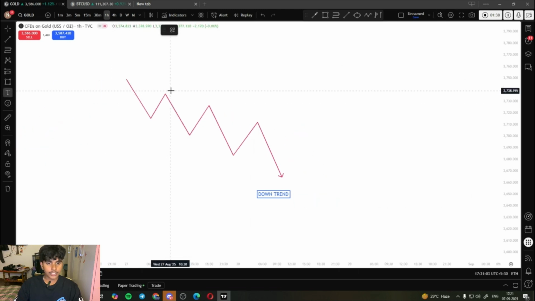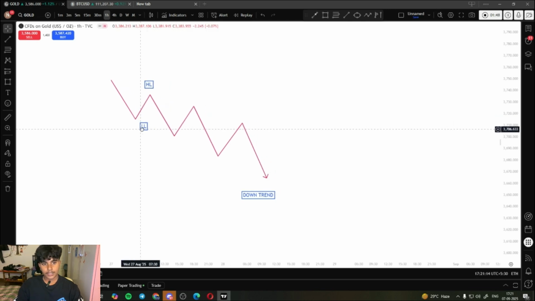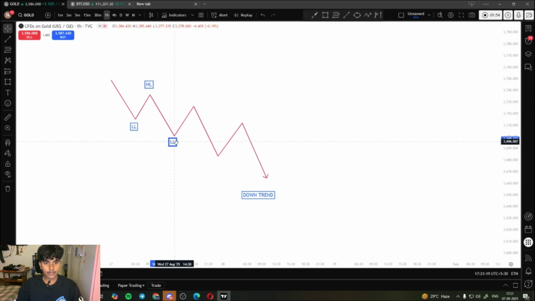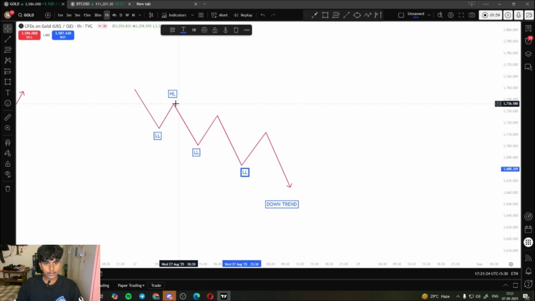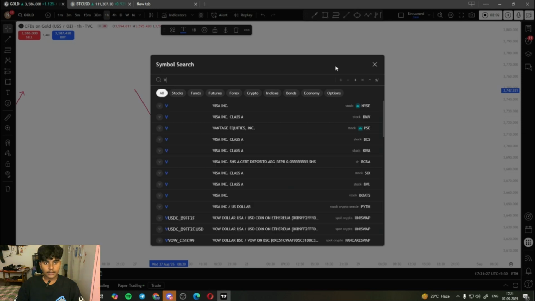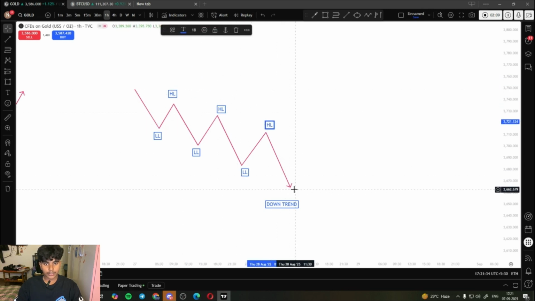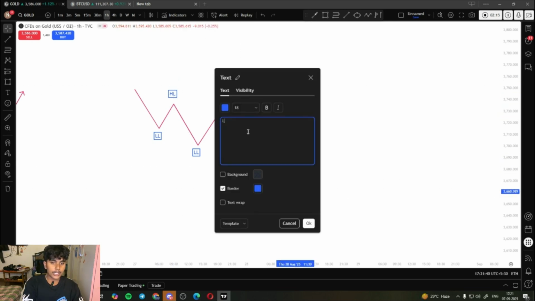And this is a downtrend. A downtrend is simply the market forming lower highs and lower lows. We can repeat this again and again. This is a new lower low, and again another new lower low.